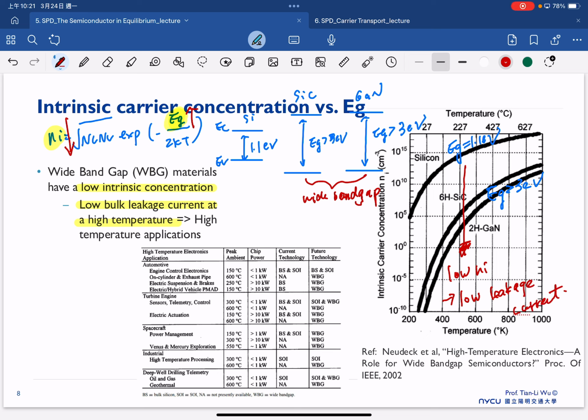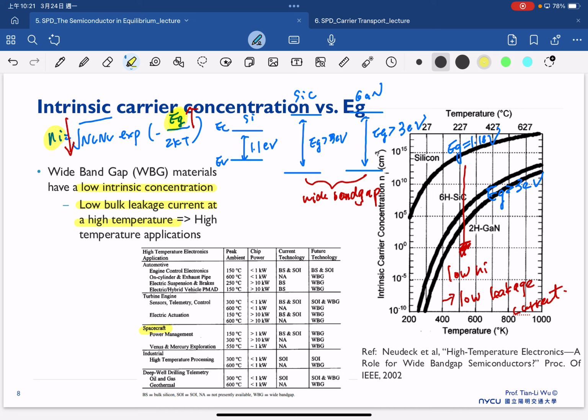But what would be the application if we want a very low leakage current at a high temperature? This will be an application that always needs to operate in a high temperature environment. Let's say, for example, the spacecraft. The spacecraft is one of the most well-known examples.